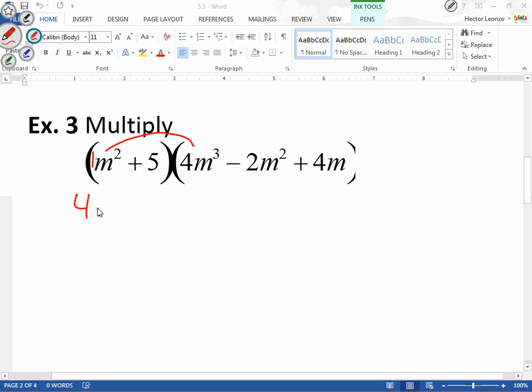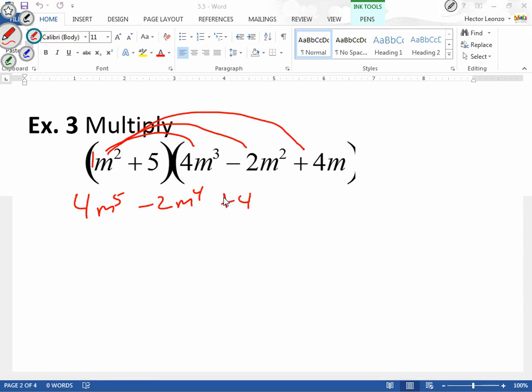Add the exponents, m to the 5th. When I distribute it to the second term, I'm going to have -2m to the 4th. When you distribute it to the third term, we're going to have +4m to the 3rd. So once again, I was just distributing the m squared.